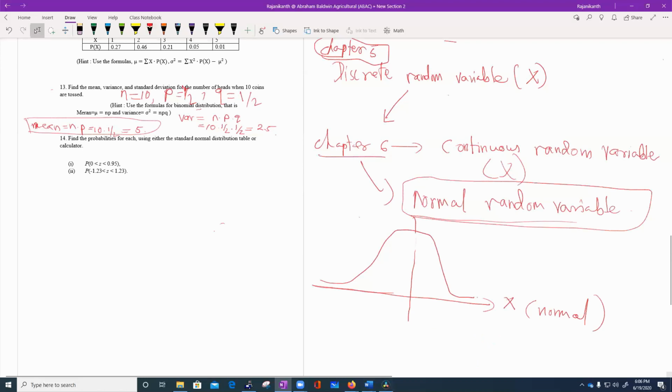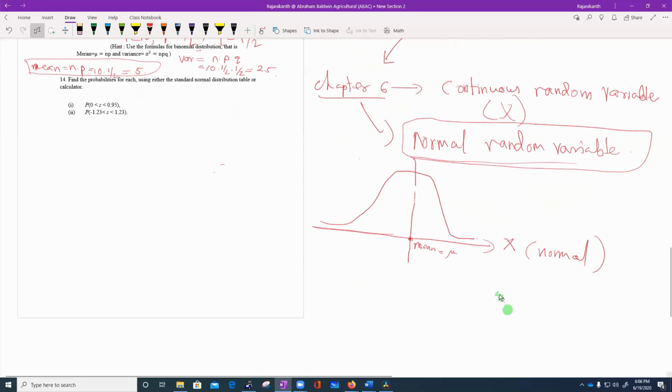The middle point is called the mean of your random variable. We use mu for the mean. So for your random variable x, you may have mean mu and variance sigma squared, right?